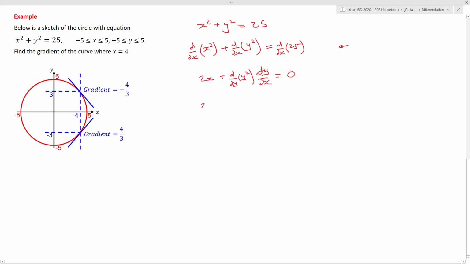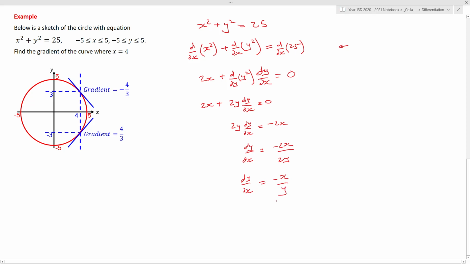So 2x plus differentiating with respect to y, we get 2y dy by dx is equal to 0. And if we subtract 2x from both sides, we've got 2y dy by dx is equal to minus 2x. So dy by dx is equal to minus 2x divided by 2y. The 2's cancel, so dy by dx, the gradient, is equal to minus x over y.